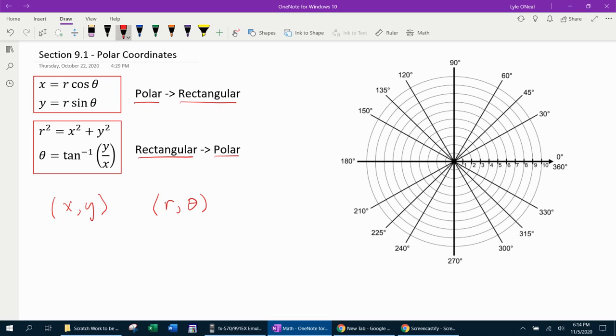We have the rectangular coordinate system, which is x comma y, and the polar coordinate system, which is r comma theta. And anytime you have more than one coordinate system, it's nice to be able to convert between the two. And so that's what these formulas are going to do for us. We're going to be able to convert back and forth between rectangular and polar.